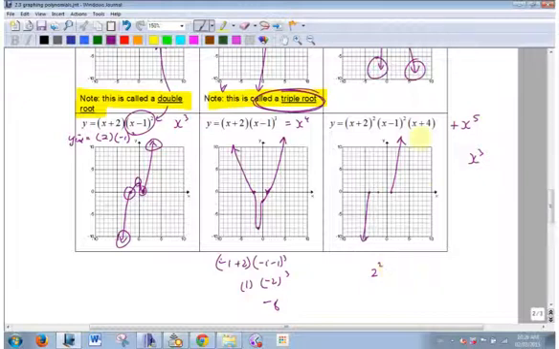I'm not even going to put it down. And times 4. Okay, so 4 times 4, 16. That's way the heck up there. So it hits here at this double root, bounces off the axis and goes way up there, comes back down, and I guess it goes right through that point, right?